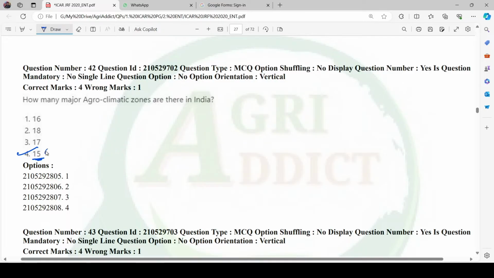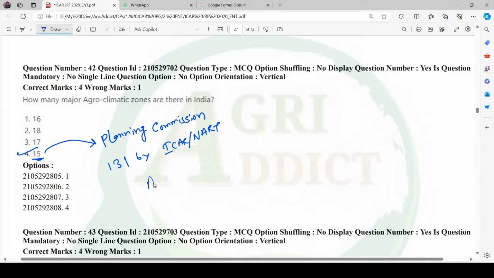So this 15 was classified by the Planning Commission. But agroclimatic zones were classified as 131 by ICAR and NARP. And you should know the agroecological zones also.